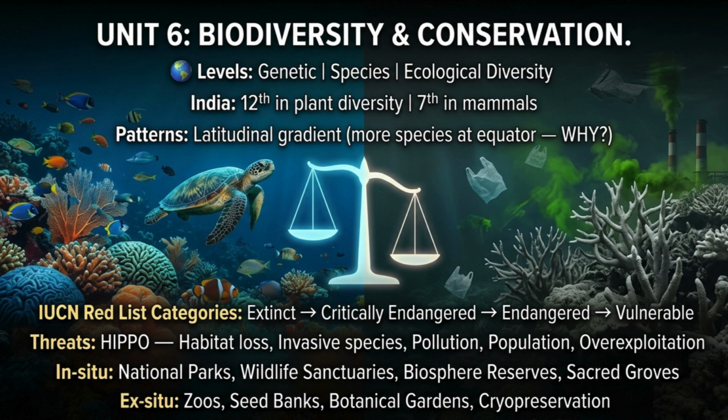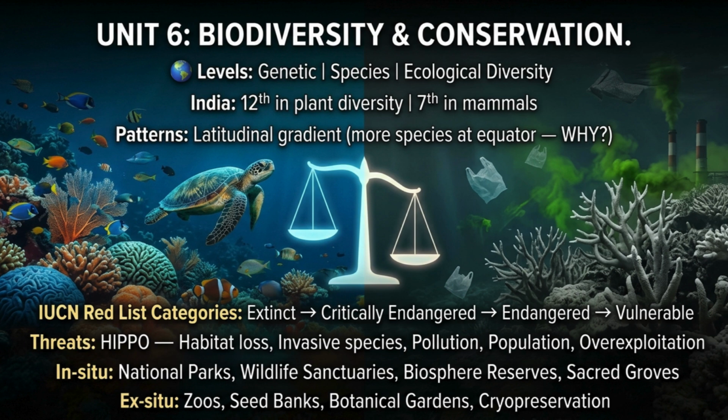India is extraordinarily rich, 12th in plant diversity, 7th in mammals globally. Why is species diversity highest near the equator? Three reasons from NCERT: more solar energy and productivity, stable climate over millions of years allowing species accumulation, and more complex habitats.